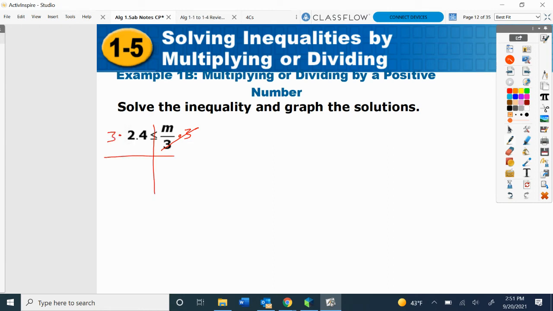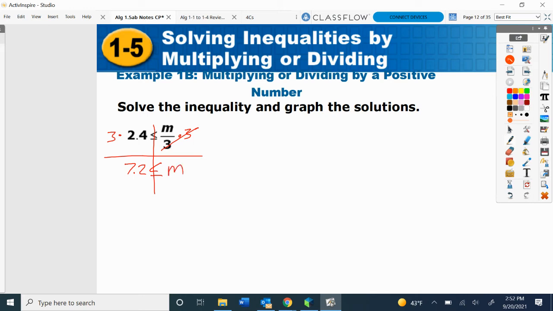So we're going to multiply 2.4 by 3. And when we do that, 2.4 times 3, we're going to end up with 7.2 for an answer. So 7.2 less than or equal to m.